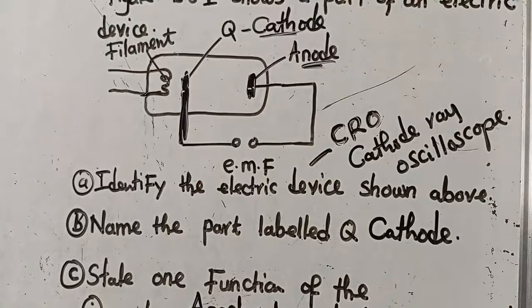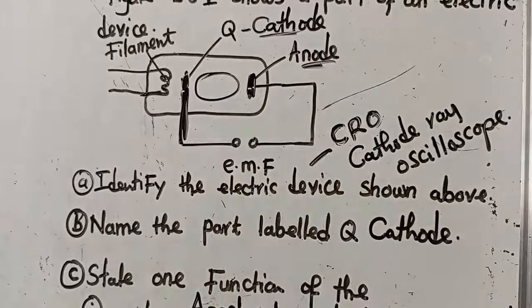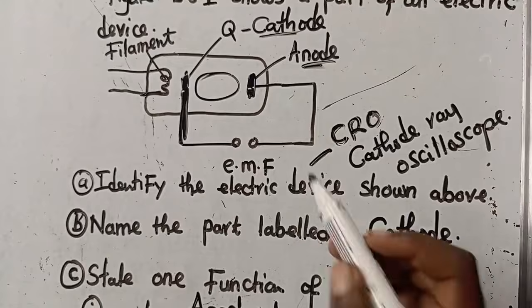You need to understand that this space allows electrons emitted from the cathode to travel freely.